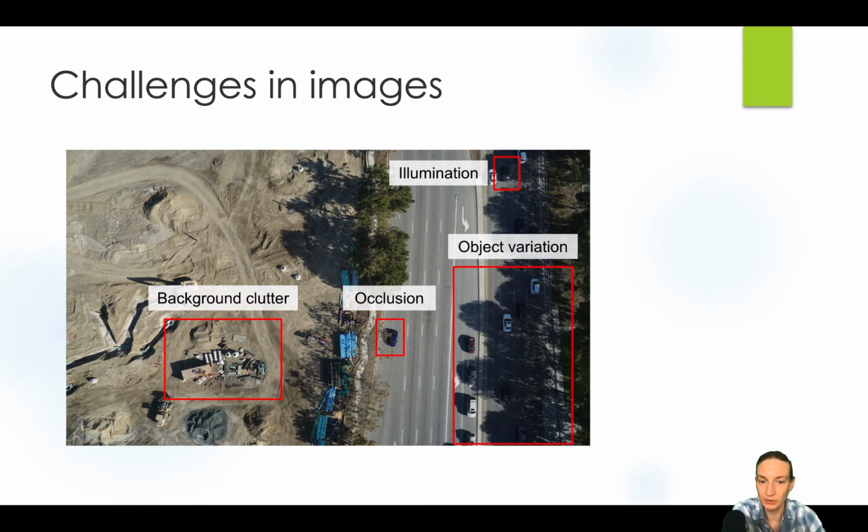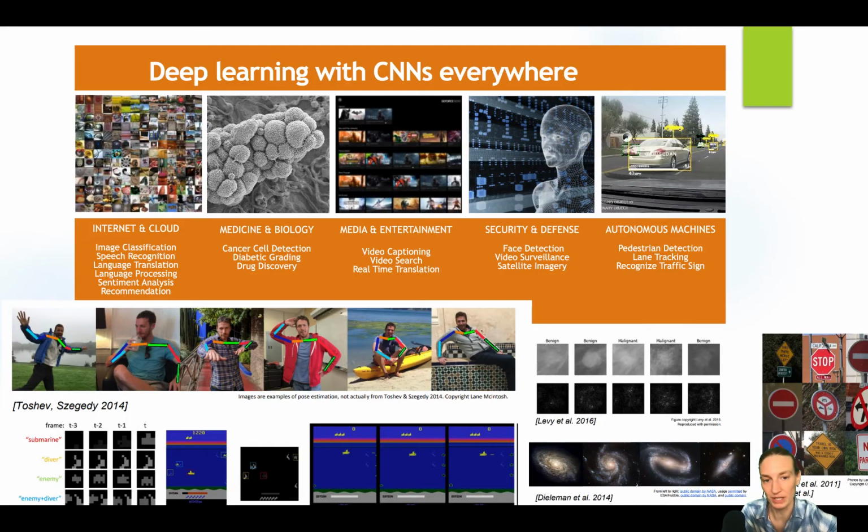Images might be occluded. There might be trees covering the highway. There may be variation in objects, so there may be shades over them. There may be different kinds and colors of cars, etc. So these are all challenges that we're going to have to deal with when we're doing object detection.